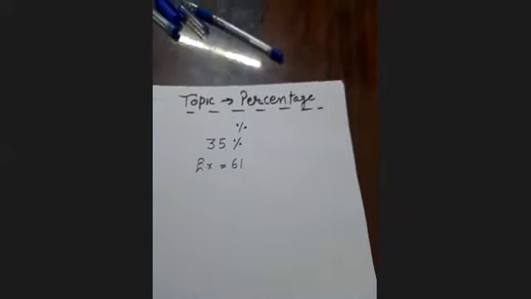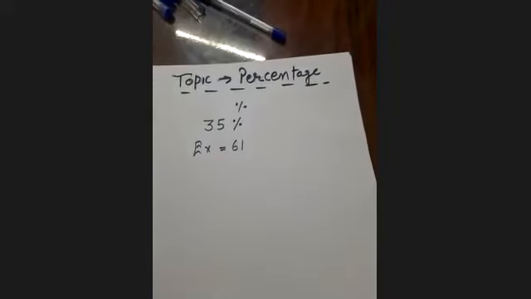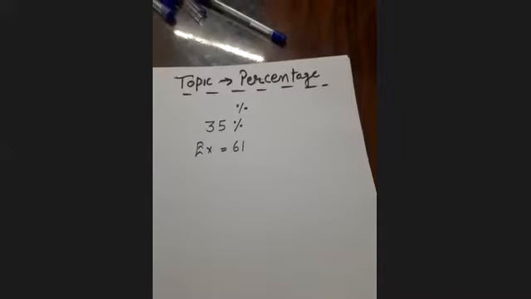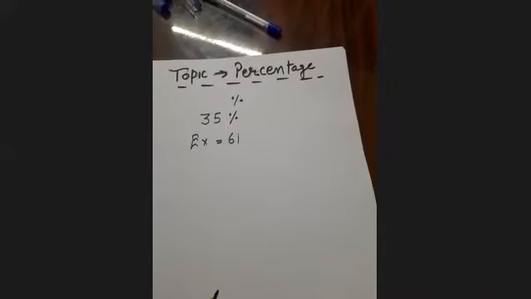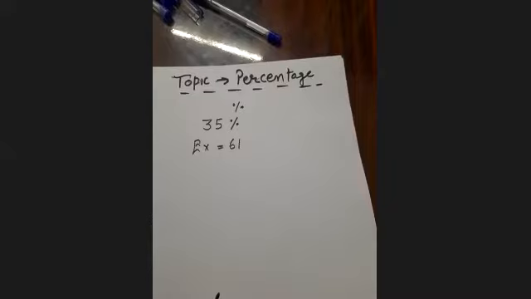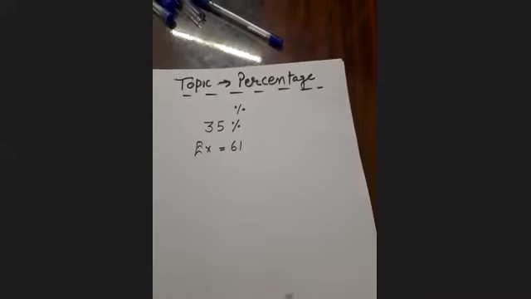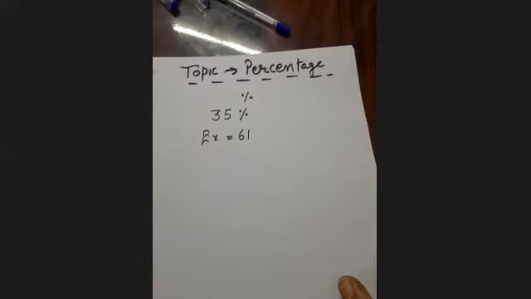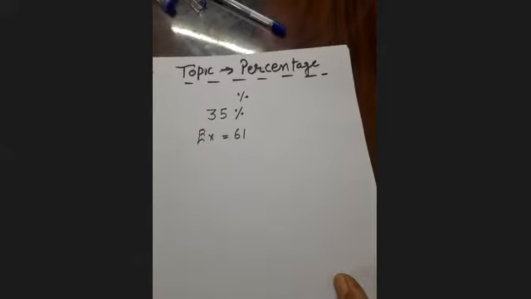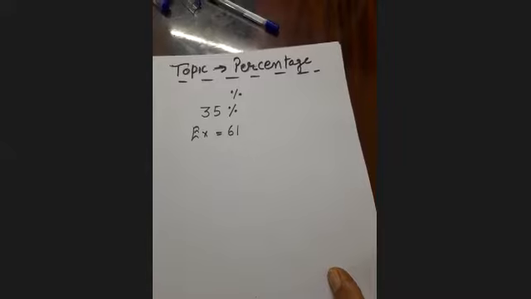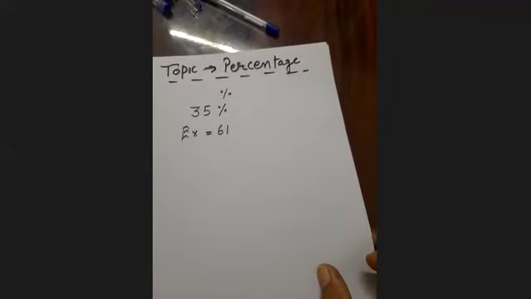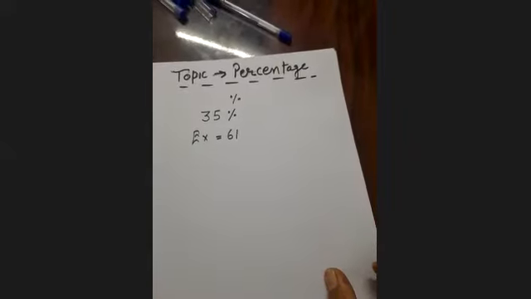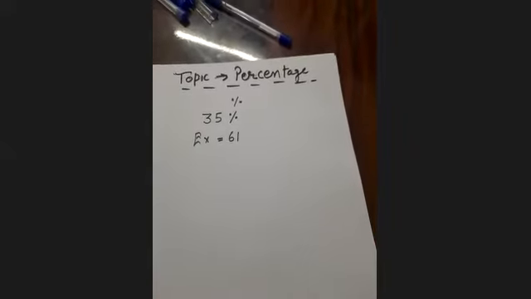Your first question is: express each of the following as a fraction in its lowest term. We are given a few numbers in percentage form. First, we will convert these numbers into fractions. Then we will convert them to their lowest term. Lowest term means smallest form.